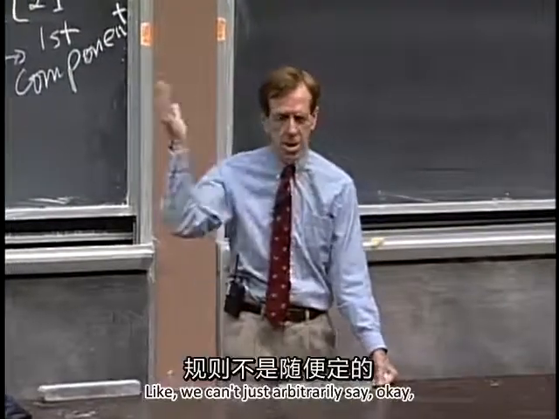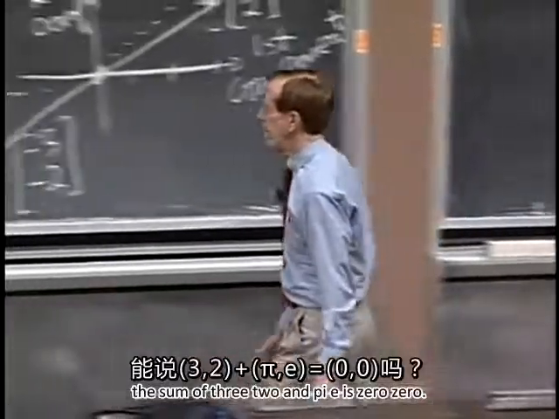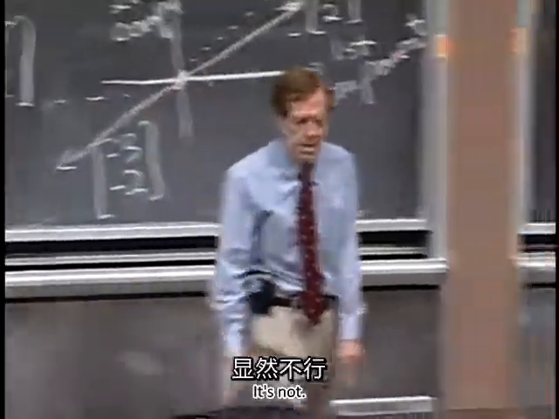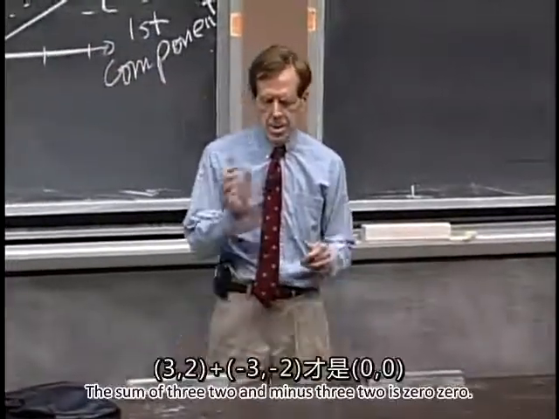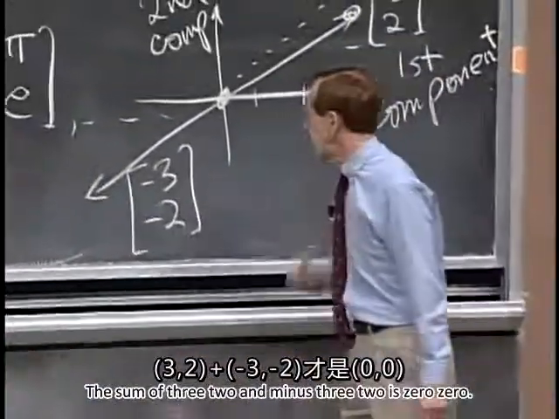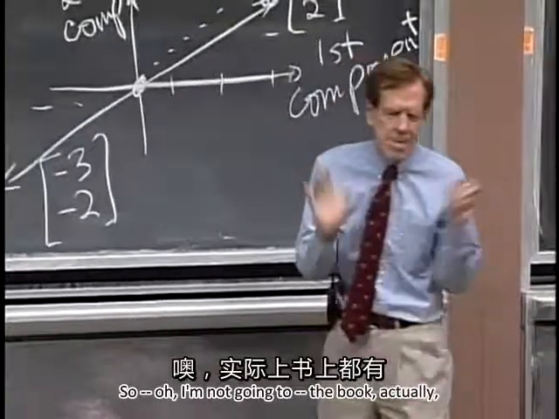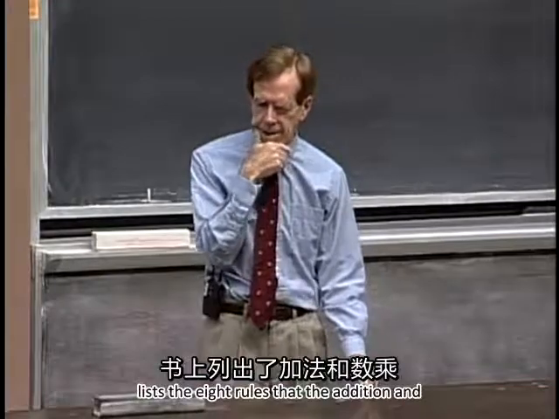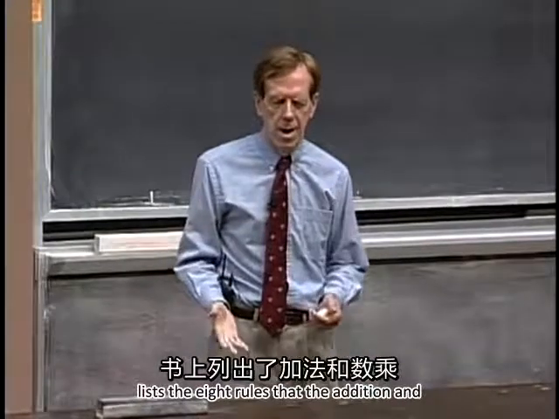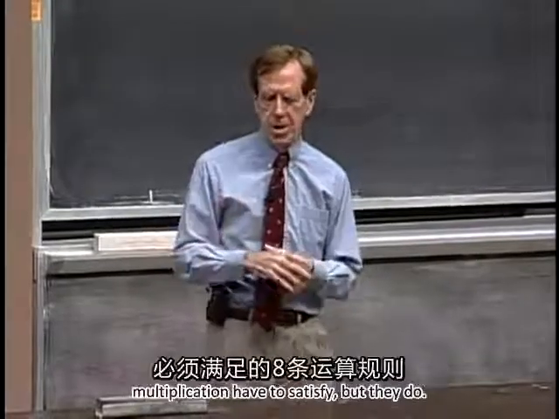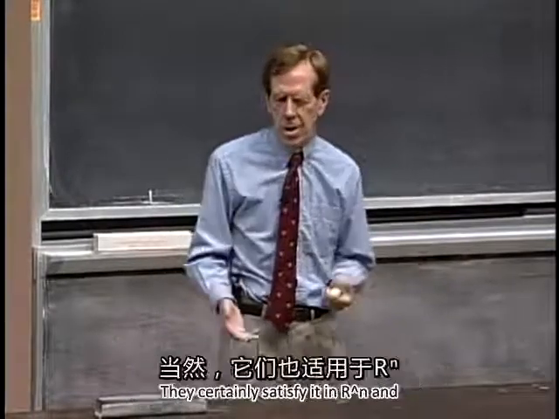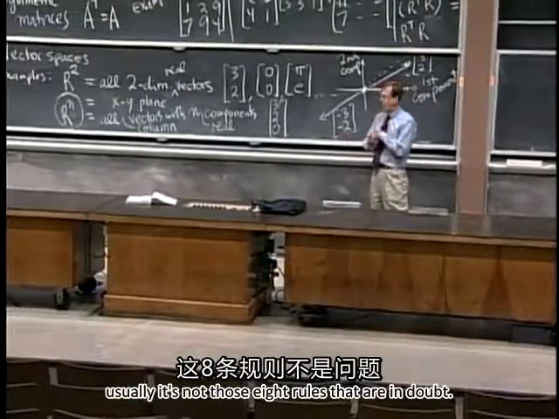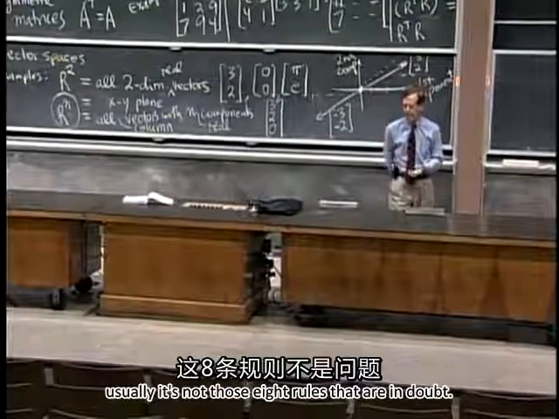Like we can't just arbitrarily say the sum of 3, 2 and pi, e is 0, 0. It's not. The sum of 3, 2 and minus 3, minus 2 is 0, 0. The book actually lists the 8 rules that the addition and multiplication have to satisfy, but they do. They certainly satisfy them in Rn.